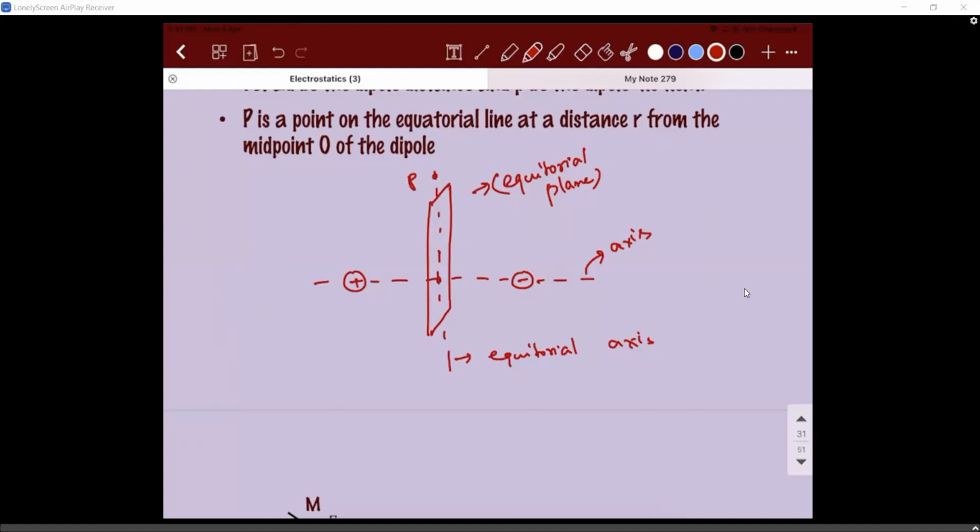So if this is the equatorial axis, you're asking for an example. There is no example. You take a dipole, just place your hand like this, perpendicular. If your hand is able to pass through the center, this is what is the equatorial plane.